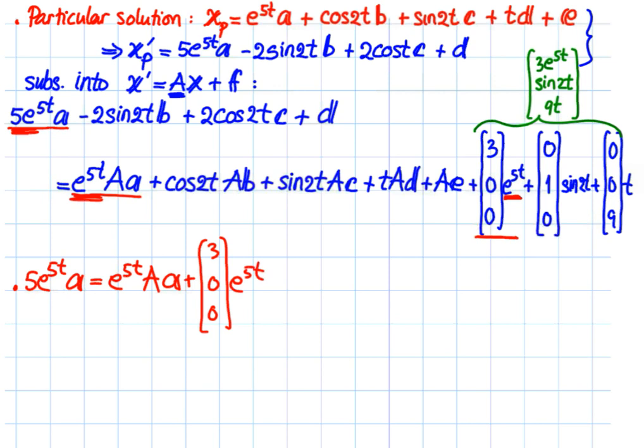Now if we match the same terms on either side and ignore the e to the 5t, we will have 5a on the left hand side, and then we move that term to the left hand side as well, so we have minus A a will be equal to 300.